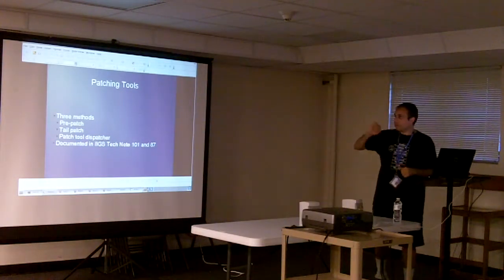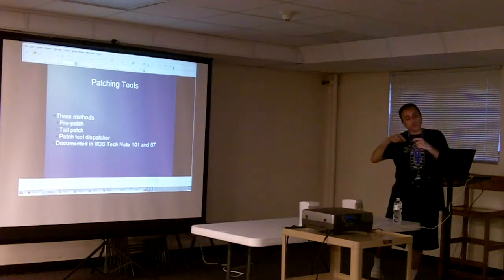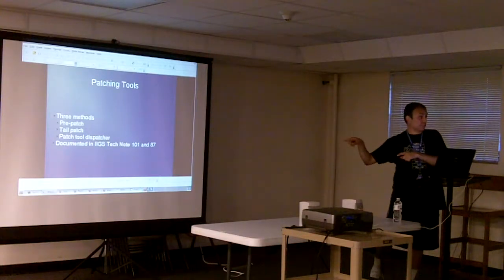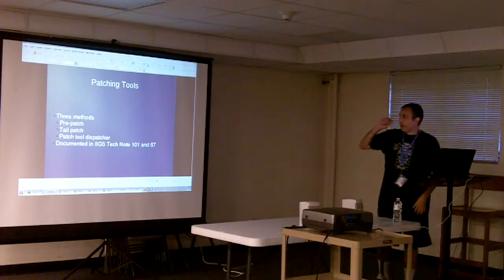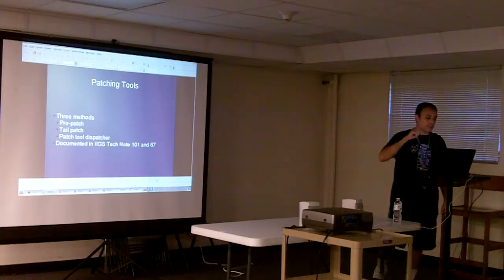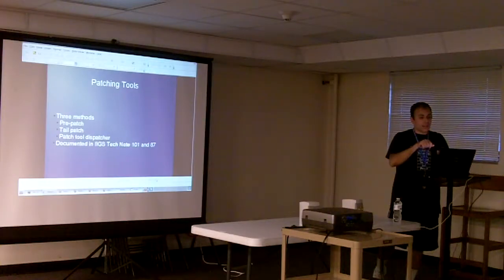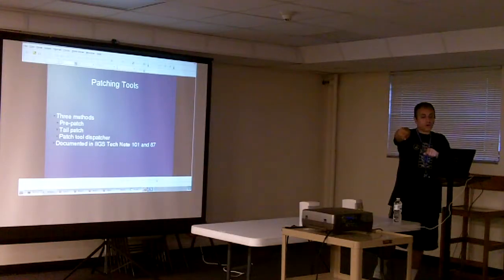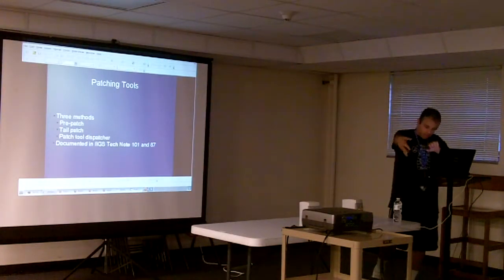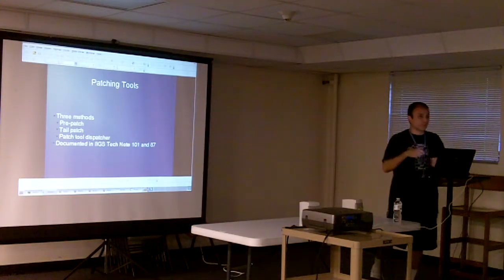I'll mention that in a moment. There's a tail patch, which is the opposite: your patch gets run after running the system call. The reason Apple recommends pre-patch as the primary patch mechanism is that some tool calls have existing patches that check the return address of where they are run, and they do different things based upon the return address.